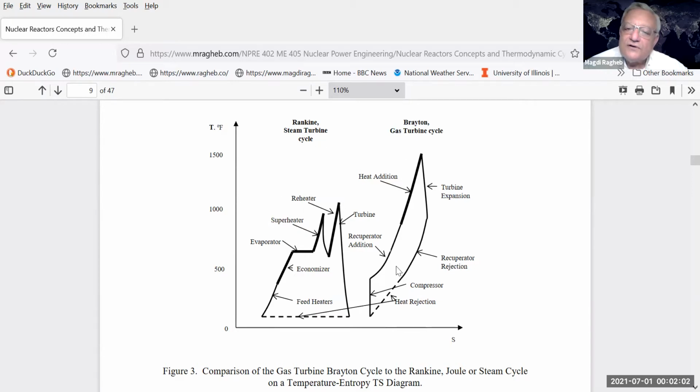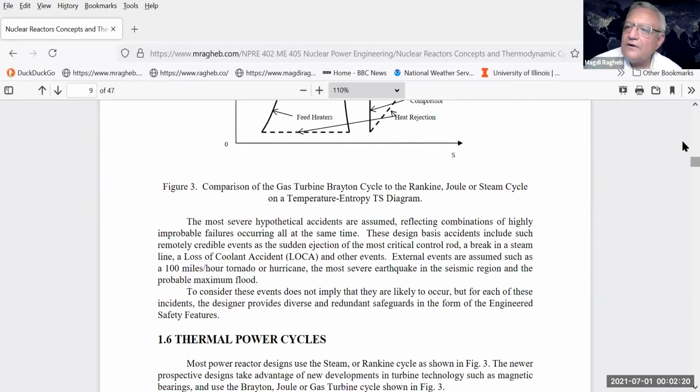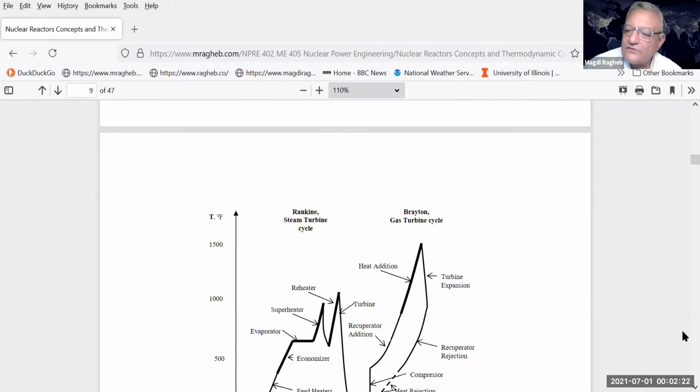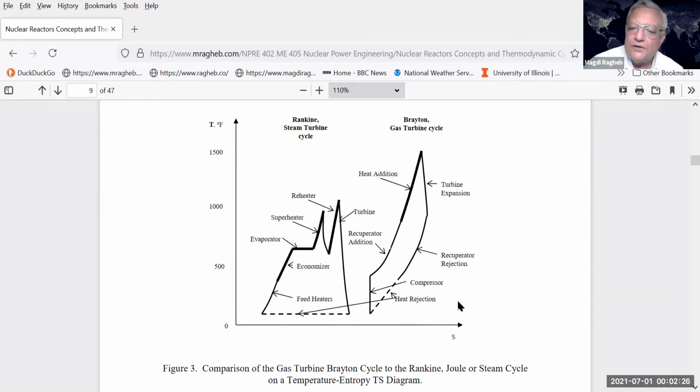The Brayton cycle, which is the cycle for the future, is still in the experimental, pilot plant stage at different laboratories and universities, particularly in Japan and China, none in the United States. So this is a depiction of the two cycles, or a quick comparison on what we call the temperature entropy diagram.